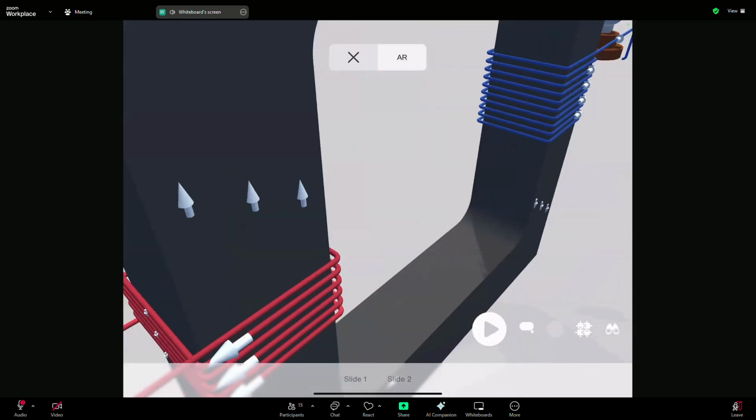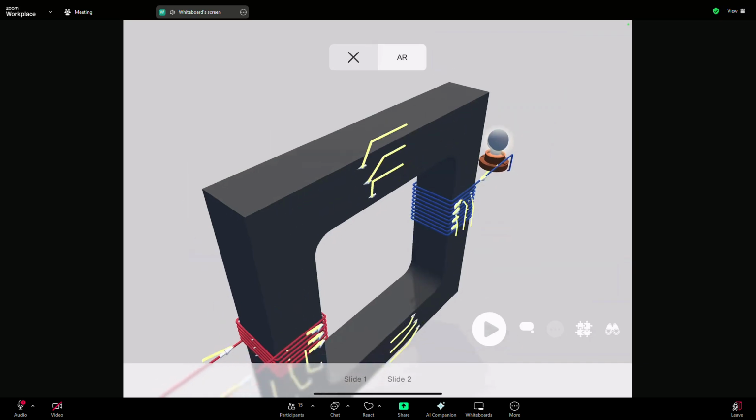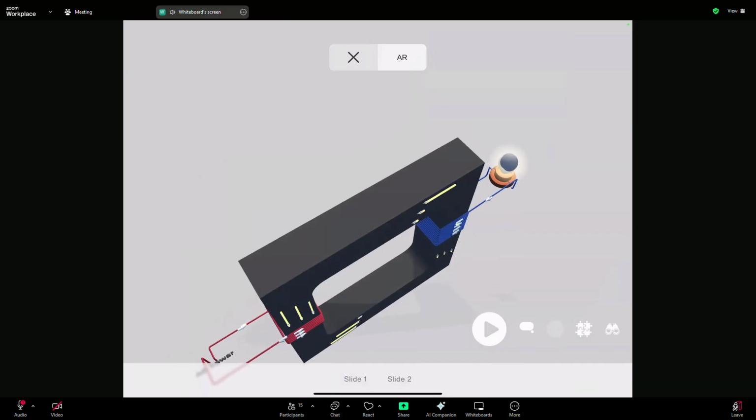The iron core cut is no problem. It's actually good for us. We don't want current to go there. We want magnetic field to pass through, and yes, magnetic field can pass through gaps. So it's not a problem. I don't need a complete circuit there. So this is your transformer.